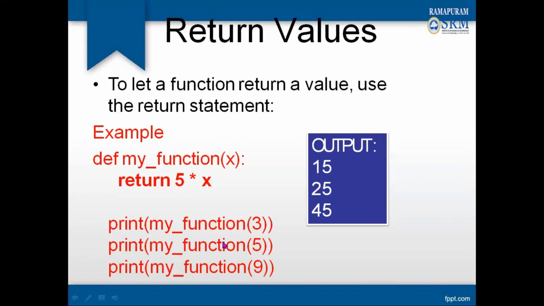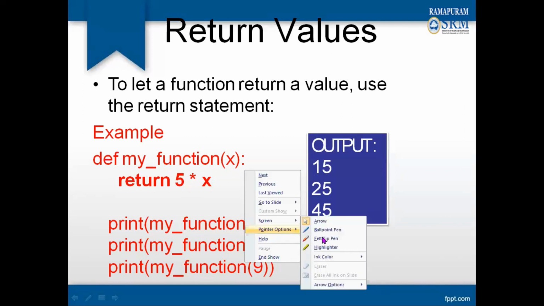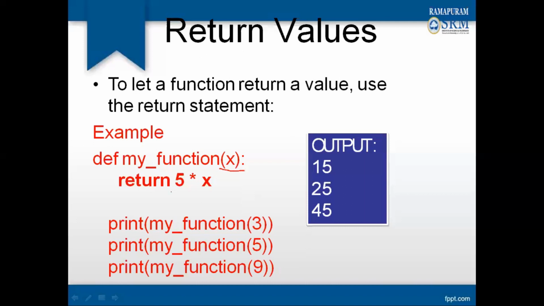How can we access a return statement? In a variable or maybe as a printing statement. In the definition of my function, it has done some calculations. The calculation is just multiplied with 5. That multiplied value will be returned.